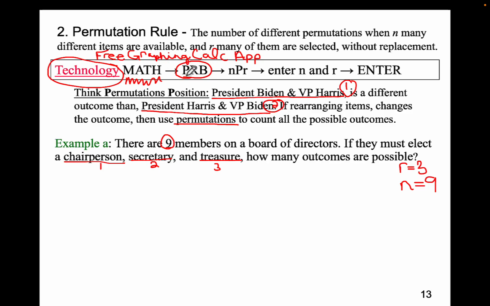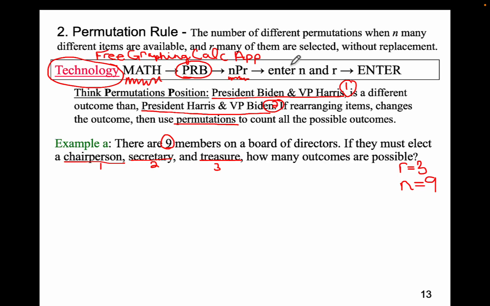We're looking for PRB for probability. Mine's touch screen, so I'm just going to touch where it says PRB. The next thing we're looking for is nPr. I'm going to select mine, opening that program.